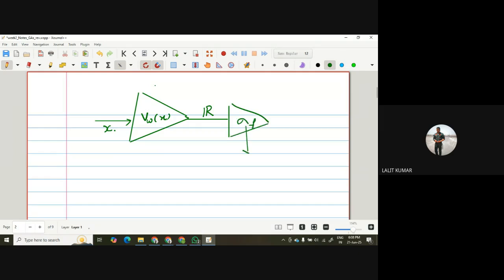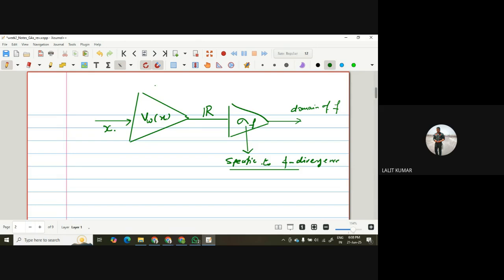Now this sigma of f is specific to your f-divergence. Whatever f-divergence you are selecting, it is specific to that, and its output will be in the domain of f.